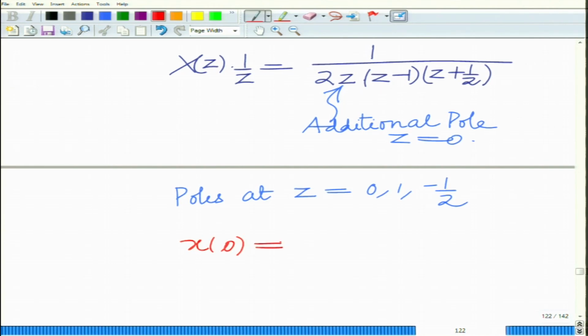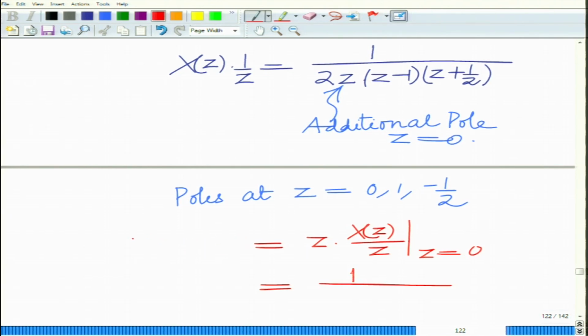Now, x(0) equals the residue of x(z) into z raised to n minus 1, that is x(z) over z, evaluated at z equal to 0. This is the residue at 0.